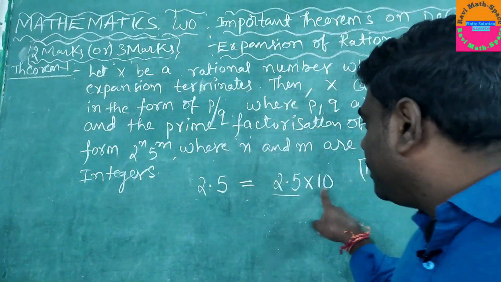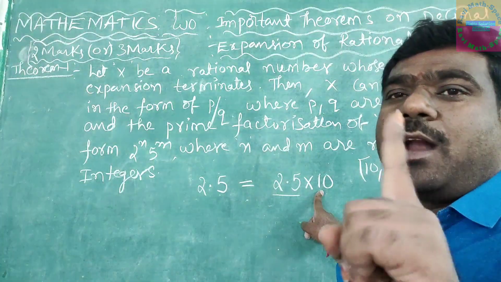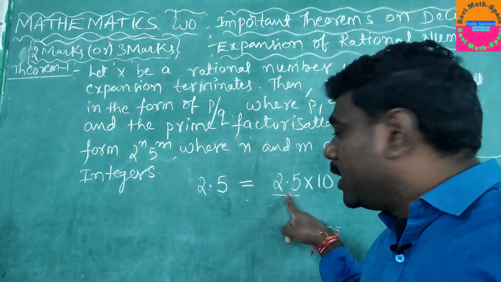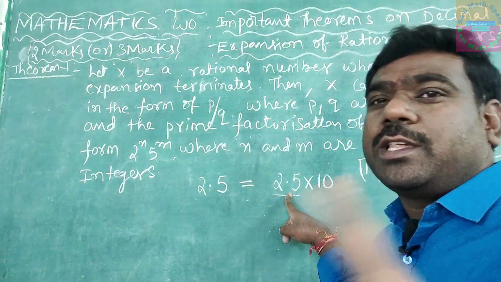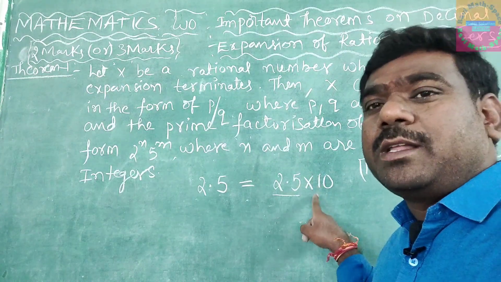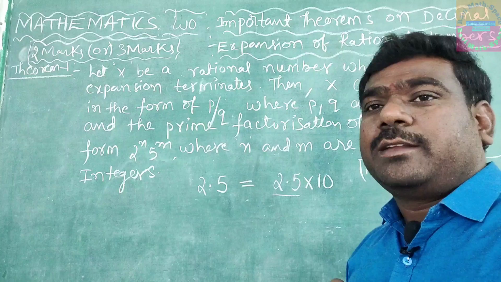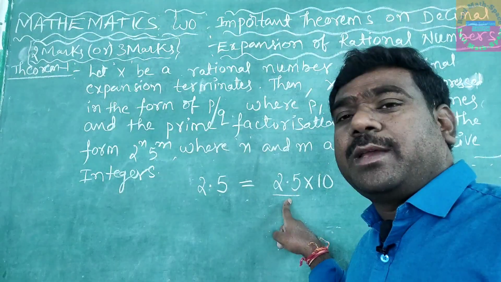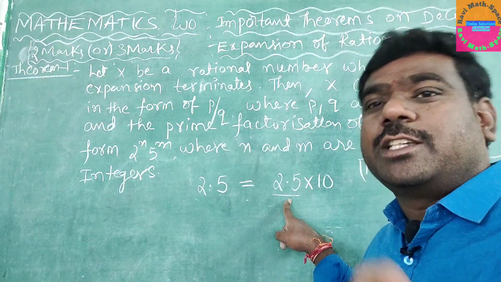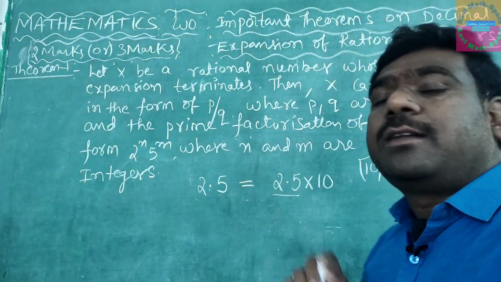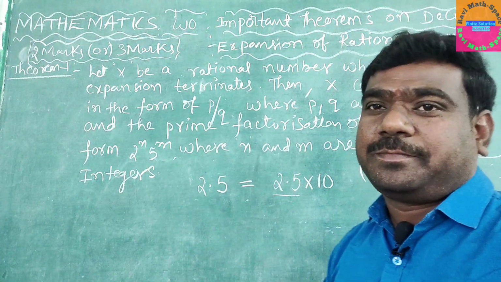That's why I am taking here only 10. Suppose in the decimal number we have 2 decimal places, then we should multiply with 100. Meaning, however many decimal places are in the decimal number, that many times we should multiply with 10. That is the logic here.